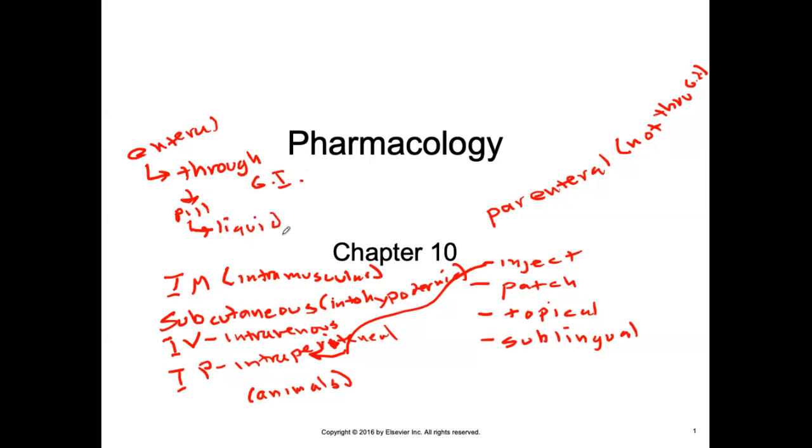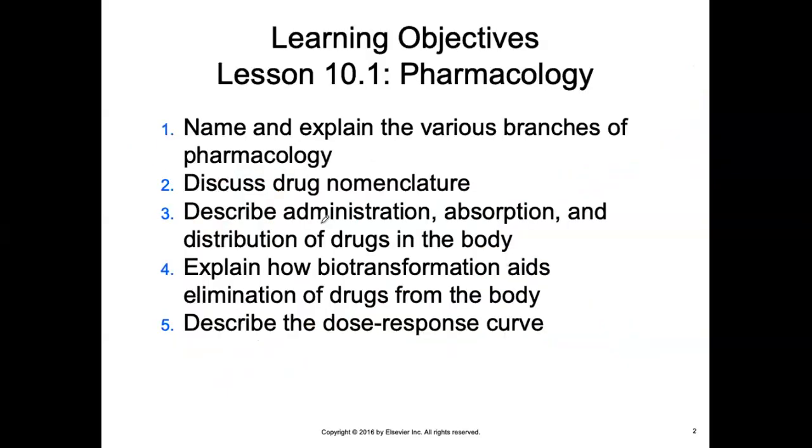It'll survive the acid of the stomach and be able to exert its effects as it moves across the lining of the GI and into the blood. Different drugs have different chemical compositions, and this is why we have to give them in different ways. So we're going to talk about pharmacology and how we do this.